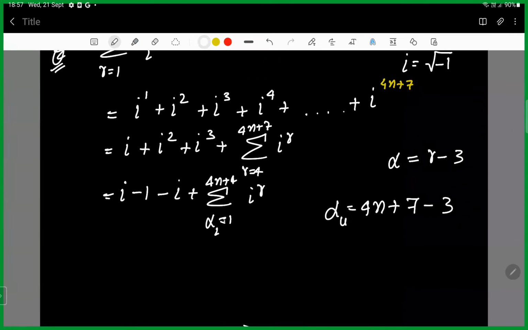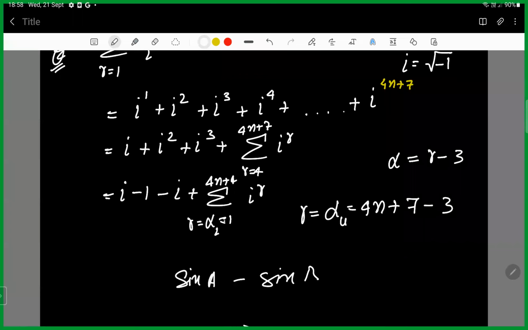Now what we are doing is just replacing alpha again with r, because it's a dummy variable, you can replace it with anything. That's why it's always written in terms of r and not in terms of alpha. Like in trigonometry, take the example of the proof of sine A minus sine B. This I have given in the exam as well, right?